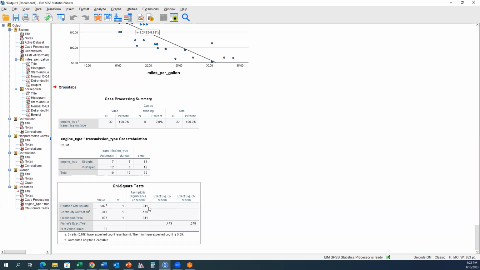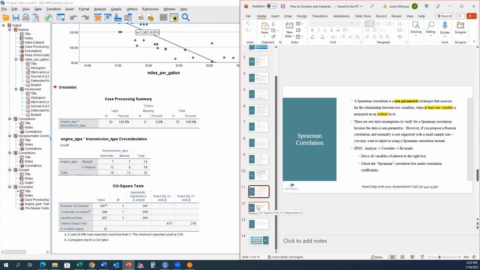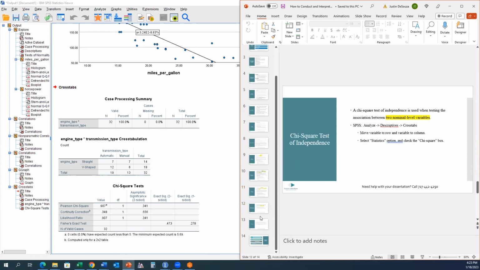Ultimately, there is not a significant relationship here. Okay, so we don't have a significant association between engine and transmission type. All right, so those are the four different examples of correlations. We had Pearson, Spearman, point by serial, and chi-square.